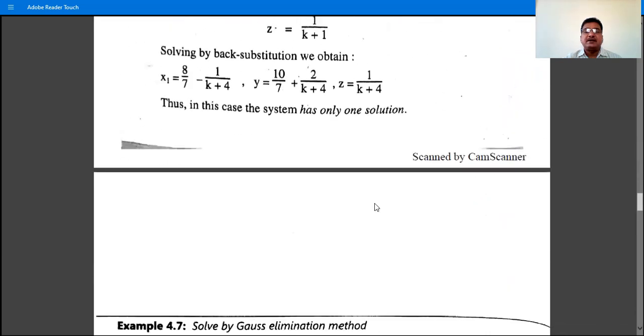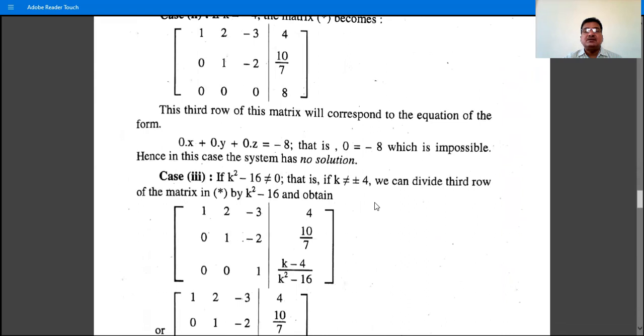So if k is not equal to plus minus 4, then the system has a unique solution. This is the solution. Because k square minus 16 is not equal to 0, and k minus 4 is also not equal to 0, rank of A is equal to rank of AB is equal to 3, equal to the number of variables, and therefore the system has a unique solution.